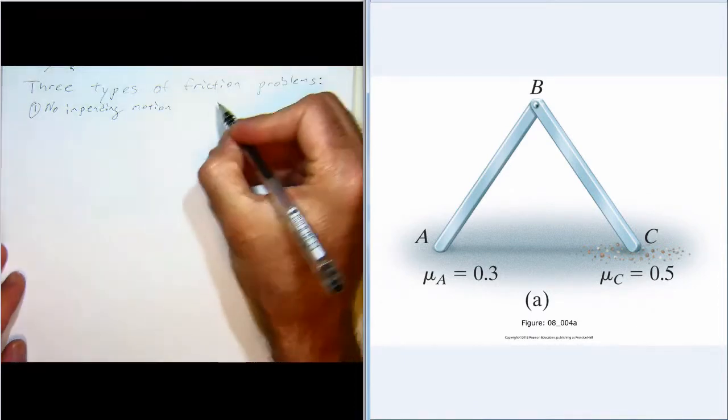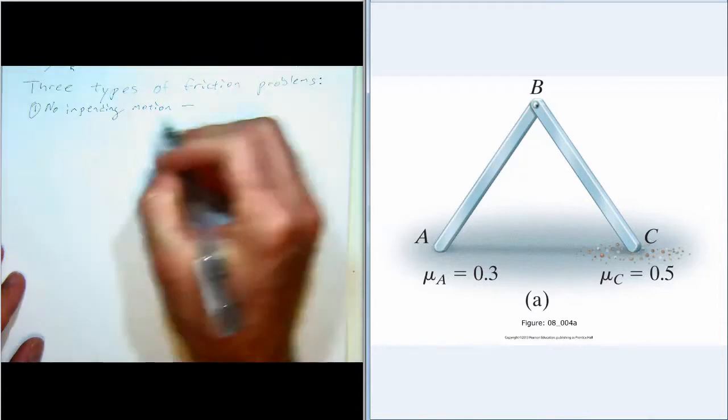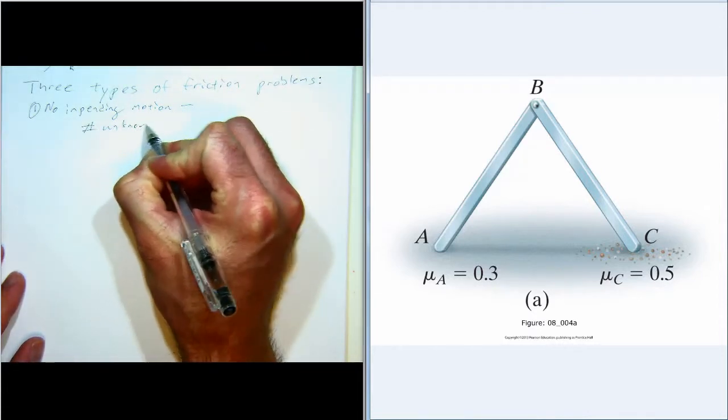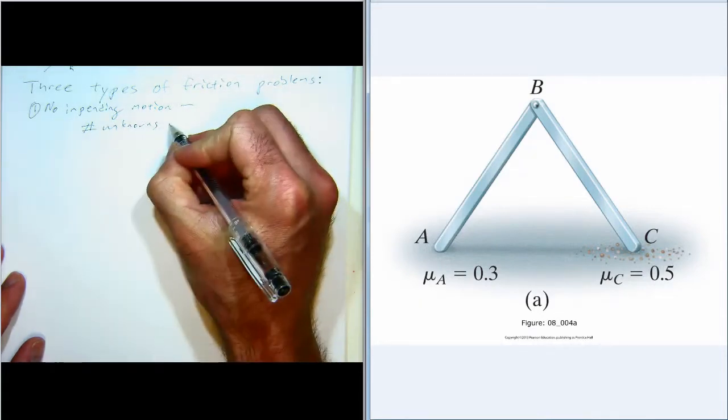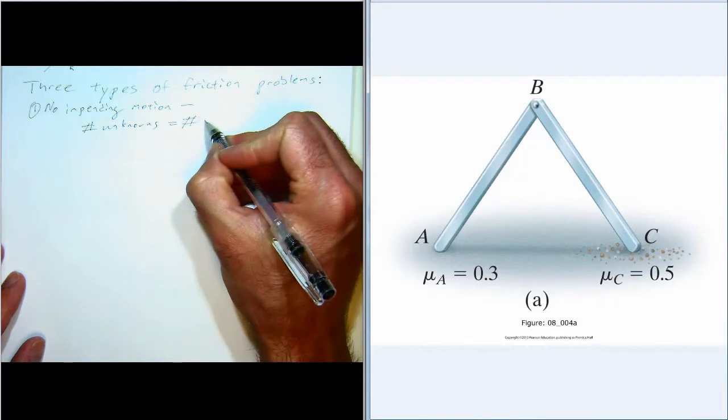In this type of problem, the number of unknowns is equal to the number of equations of equilibrium.